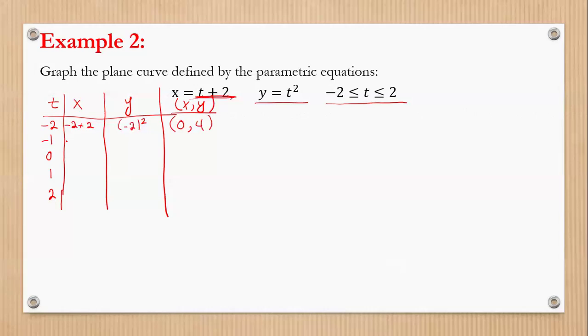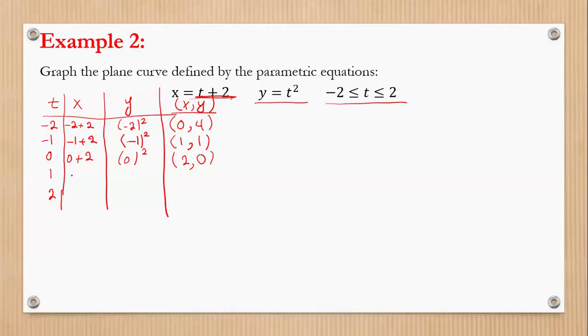If we replace -1, we get -1 plus 2, which is 1. And for the y equation, we get -1 squared, which is +1 again. If we replace t with 0, we get 0 plus 2, which is 2. And in the second equation, we get 0 squared, which is 0.